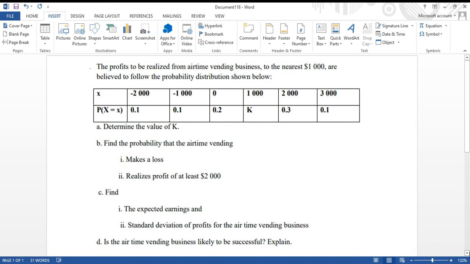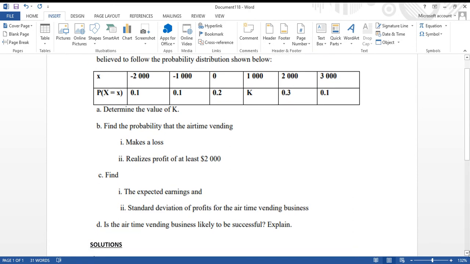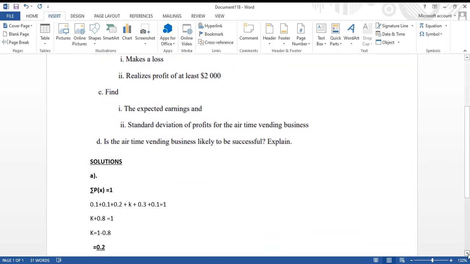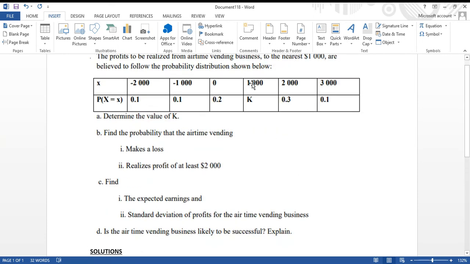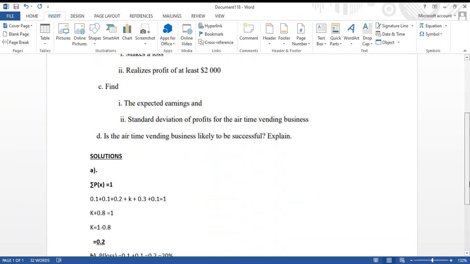If they ask what's the probability that this firm realizes a profit of at most 2,000, it's going to be the same here, 0.2 and 0.3.